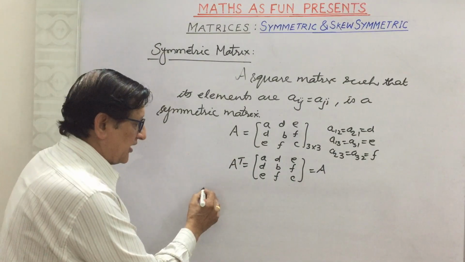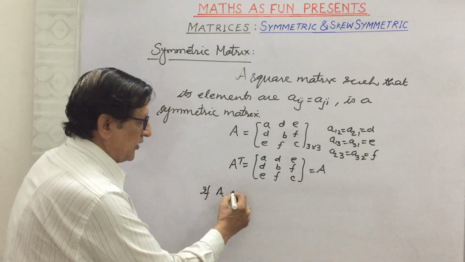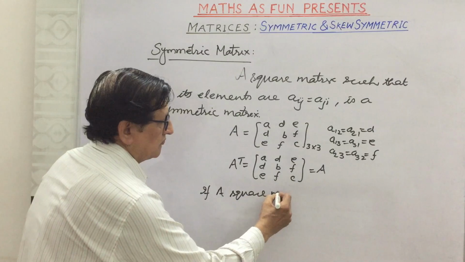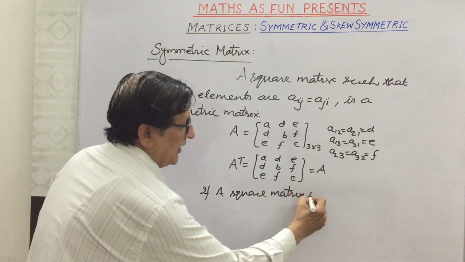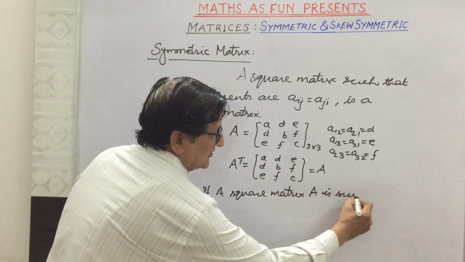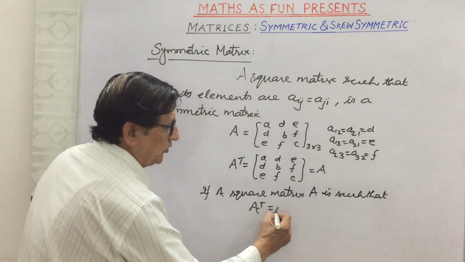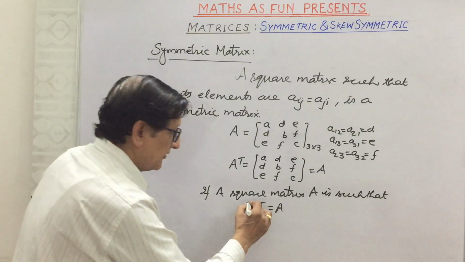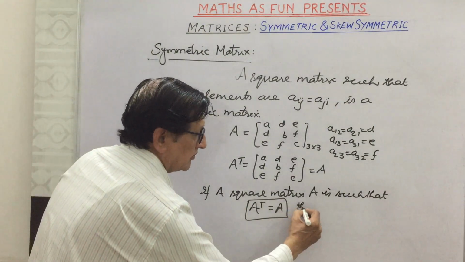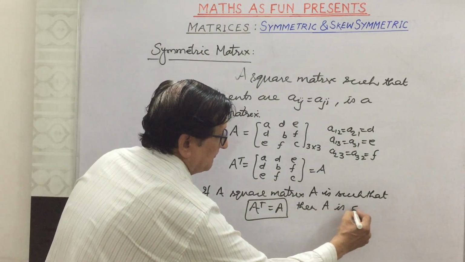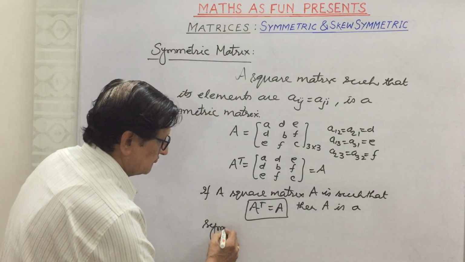So we can also say if a square matrix A is such that AT is equal to A, then A is a symmetric matrix.